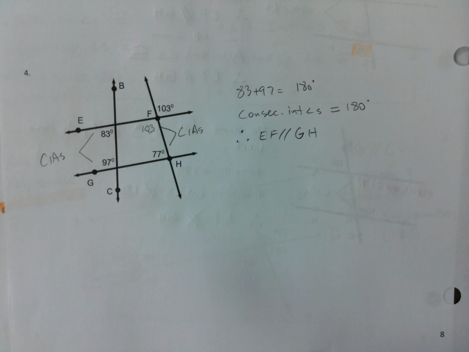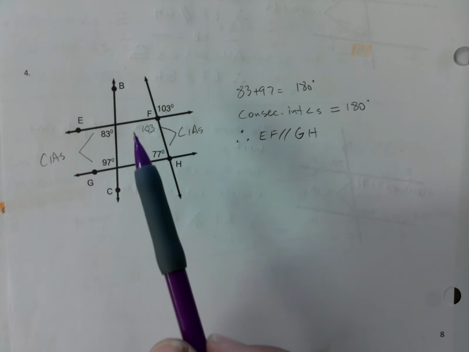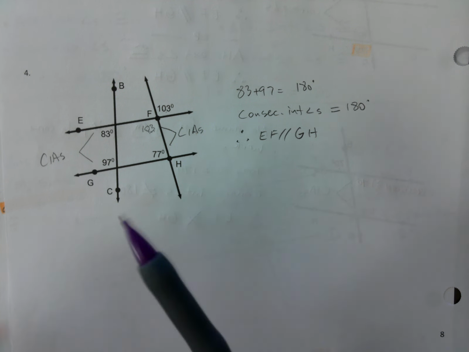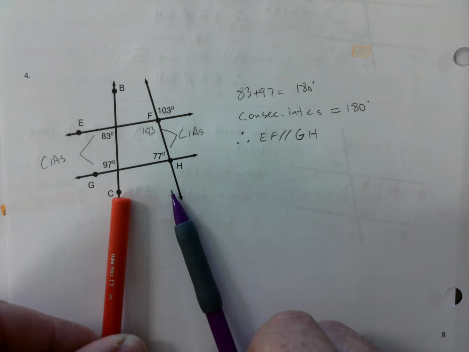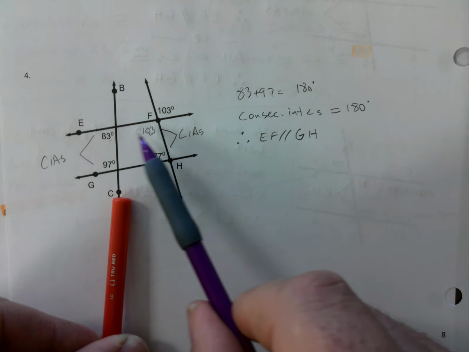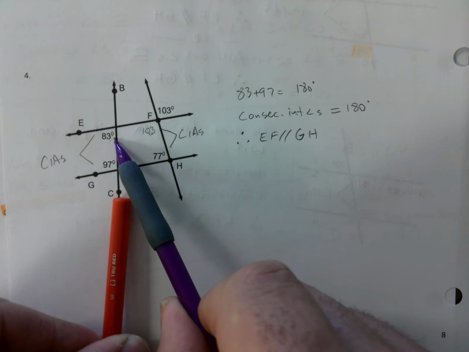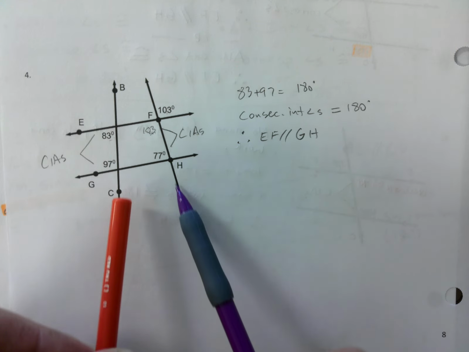Question. Is BC parallel to FH? Are these two parallel? No, because look, Mr. Dirksen, the diagram tells me that. Not good enough. What are these two? If we're considering these two lines to be parallel, right?